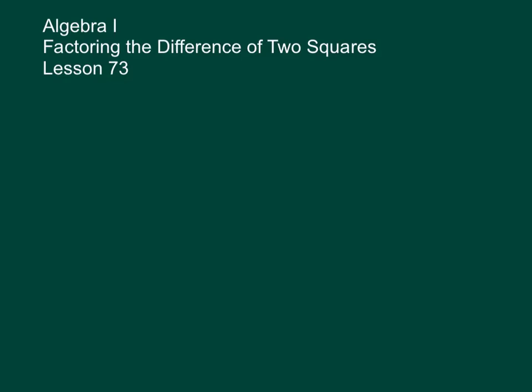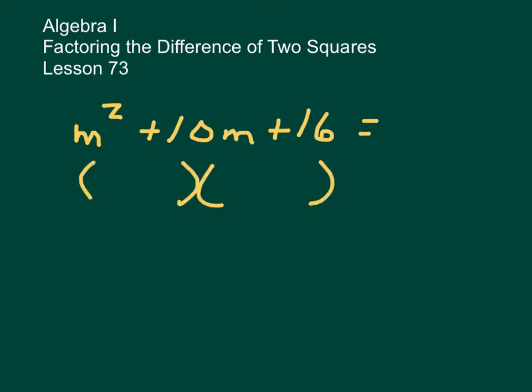An example of factoring a trinomial would be if we had m squared plus 10m plus 16. When we factored a trinomial, first of all, we said that nothing can be common in all three terms, which there isn't, and the coefficient, or the number in front of the square term, has to be a positive 1, which it is. And then we'd write down two sets of parentheses.